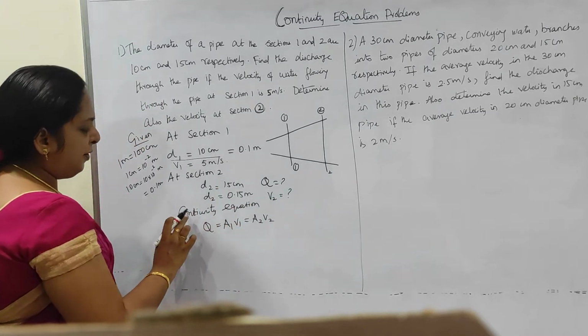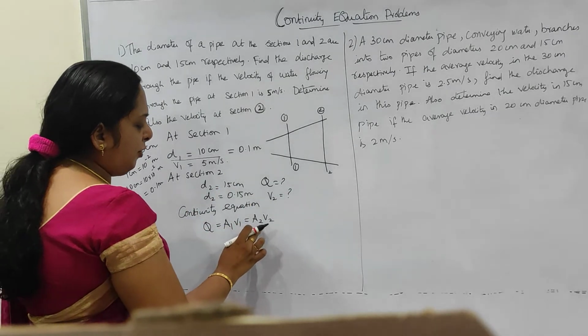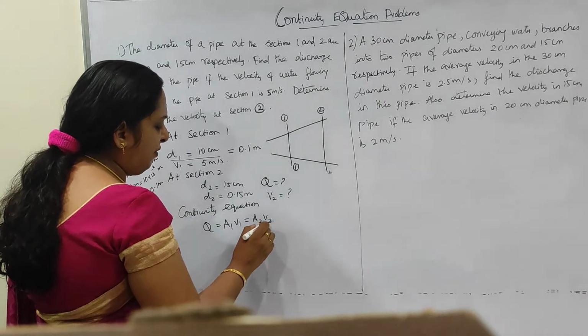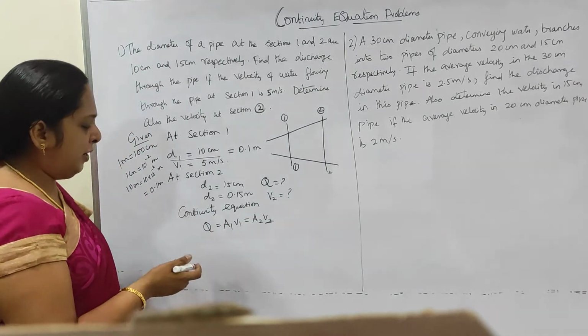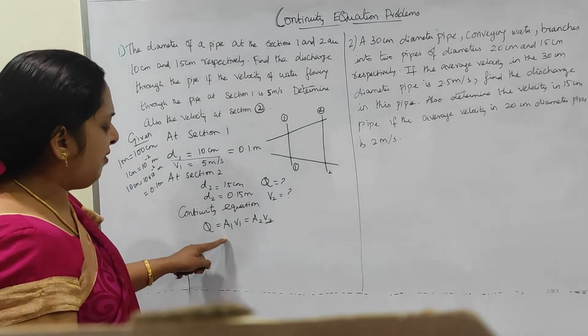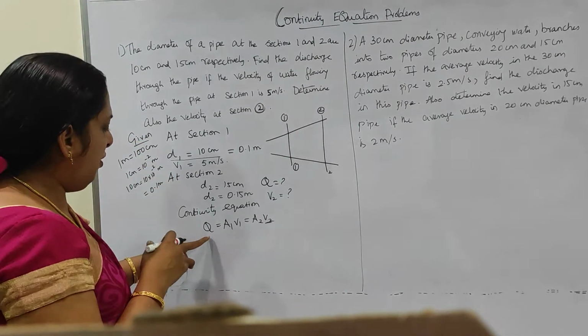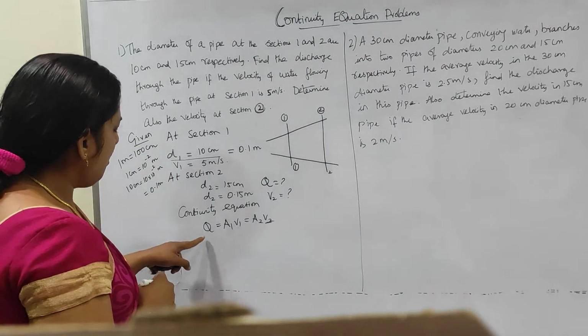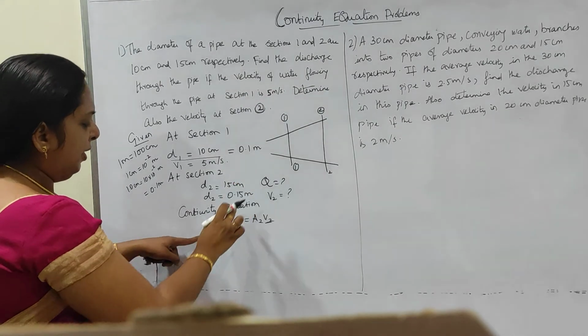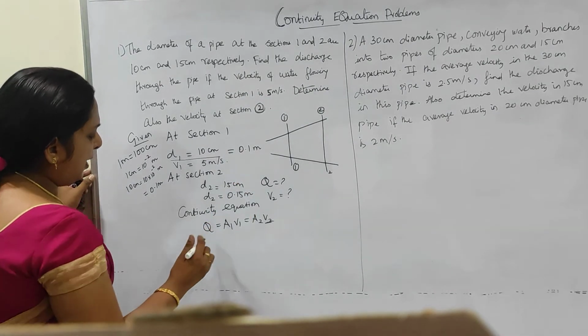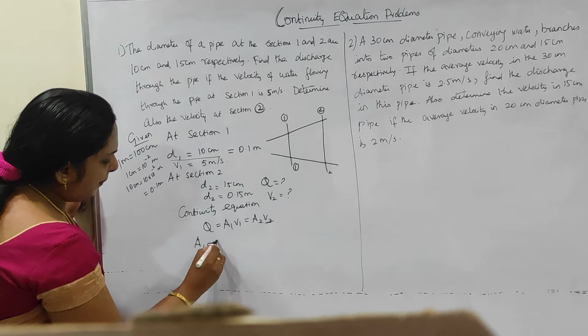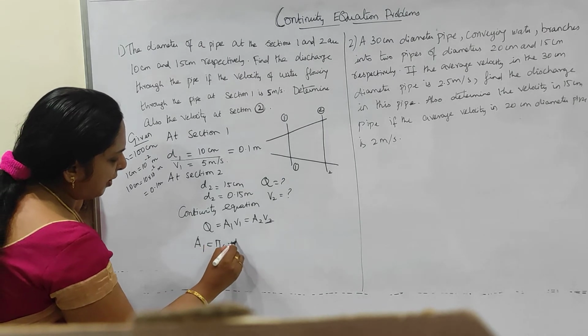As per the continuity equation, A1 V1 equals A2 V2. First we will find out V2, or we can find out the discharge also, since A1 and V1 are known. We can find out both ways. Here first we will go with the discharge. So Q is my first unknown. Area A1 here is pi by 4 into d1 square.